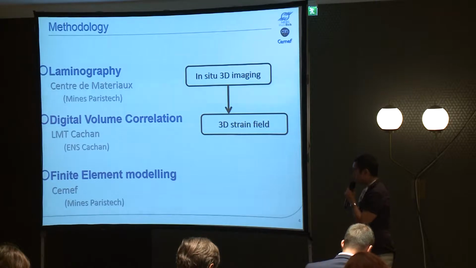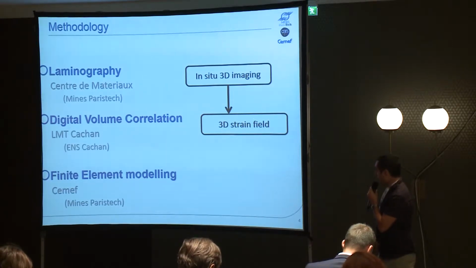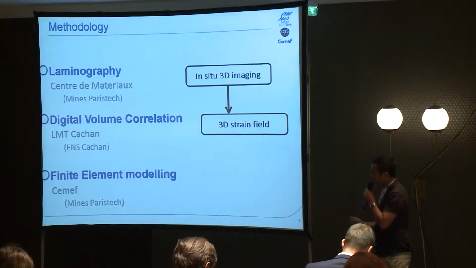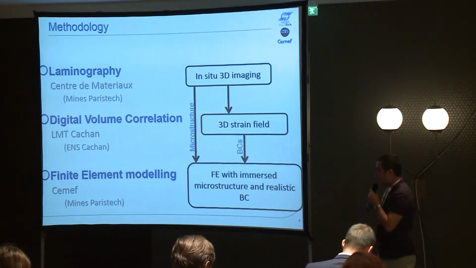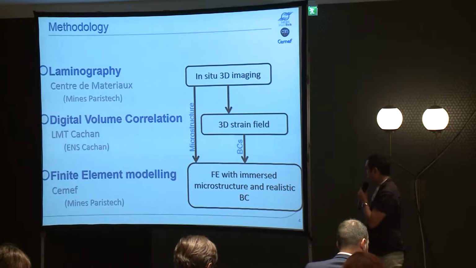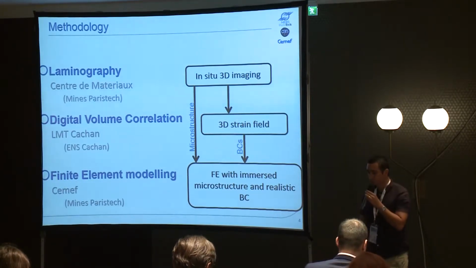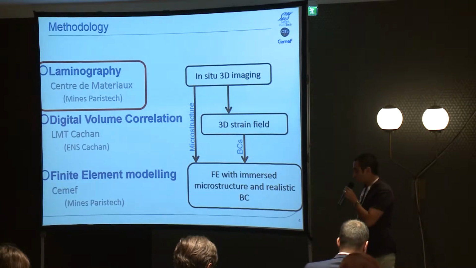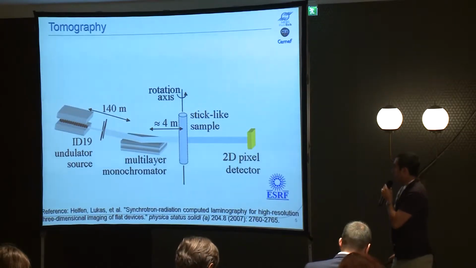This information can be used as an input for the digital volume correlation, and then we can calculate three-dimensional kinematic information, that means three-dimensional displacement fields and strain fields. And we can use all of this information to carry out finite element simulations with immersed microstructures and realistic boundary conditions.